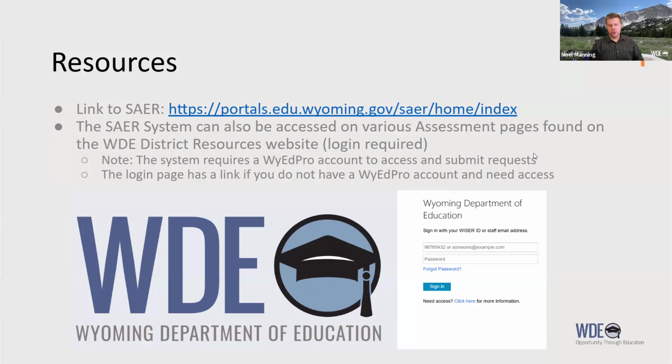Remember, the WDE District Resources website does require a login. And then, as I mentioned before, to actually use the SAYER system, you also need the WIAD Pro account. I believe the District Resources website, is that login also WIAD Pro?